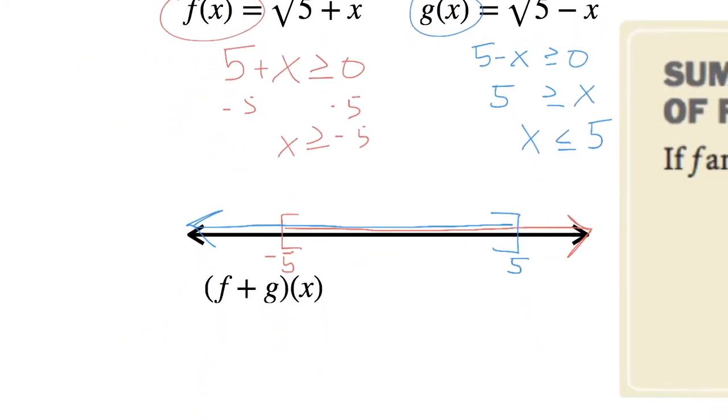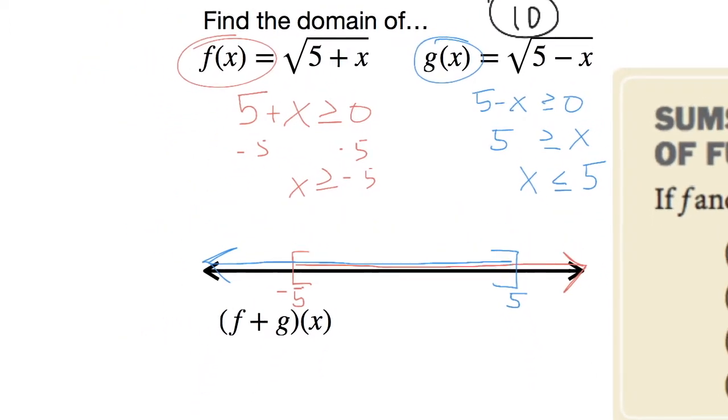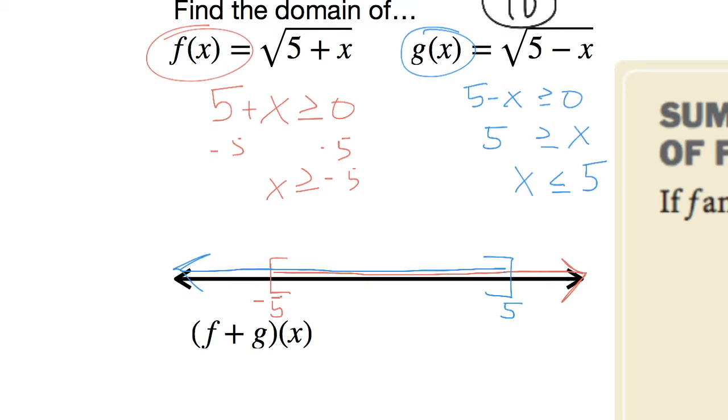So the question is, what is the domain of f plus g of x? So that would be the square root of 5 plus x plus the square root of 5 minus x.